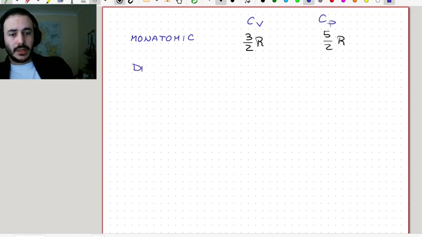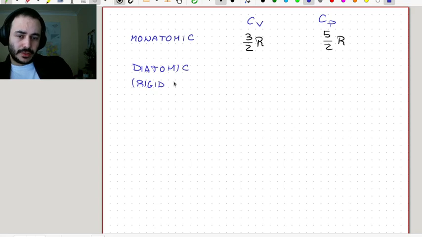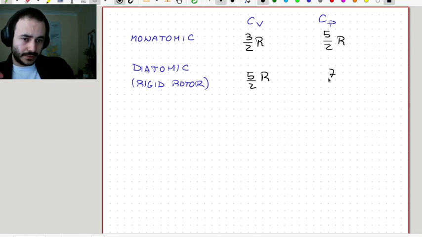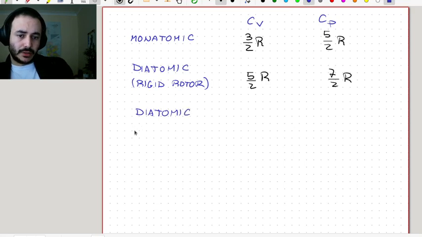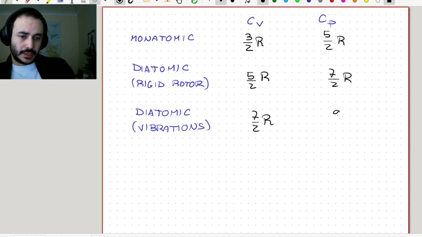In the diatomic case, with the incomplete model without vibration, so that would be the rigid rotor case, what you have is 5/2 for the C_V and 7/2 for the C_P. But actually, when you do a more refined model for the diatomic molecule that also allows for vibrations, which we know happen, then what the kinetic theory gives us is 7/2 for the heat capacity at constant volume and 9/2 for the heat capacity at constant pressure.